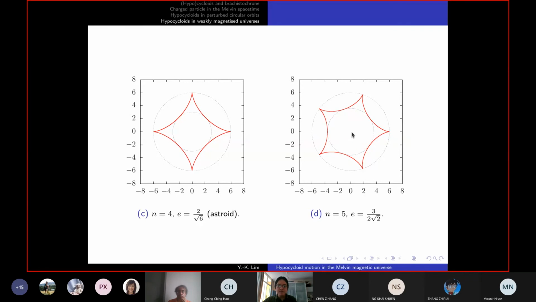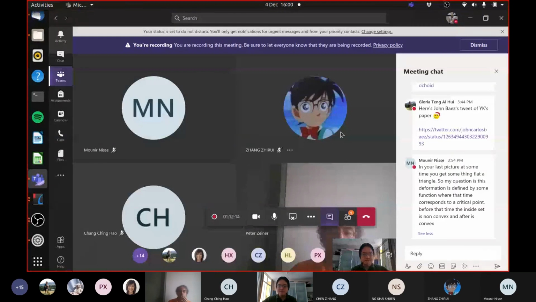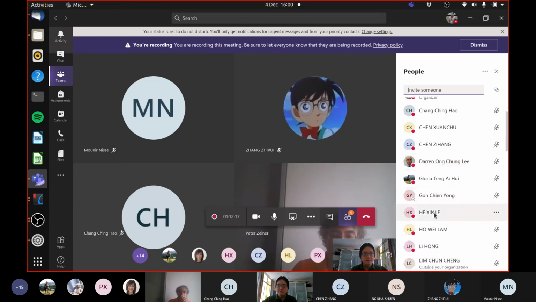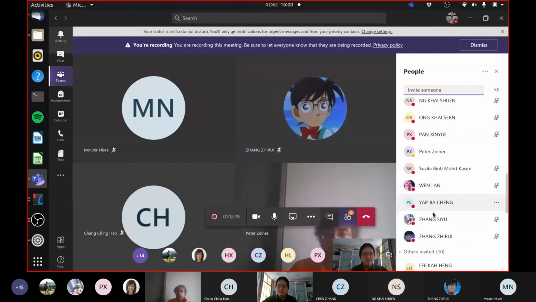The axis of symmetry is at the center, and phi is this angular direction. So this is the x and y coordinate, and the z coordinate comes out of the surface. Any further questions?